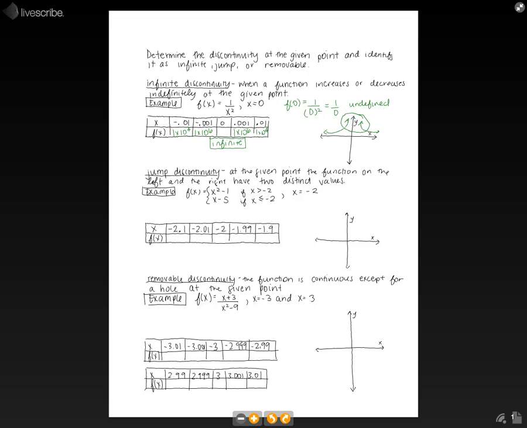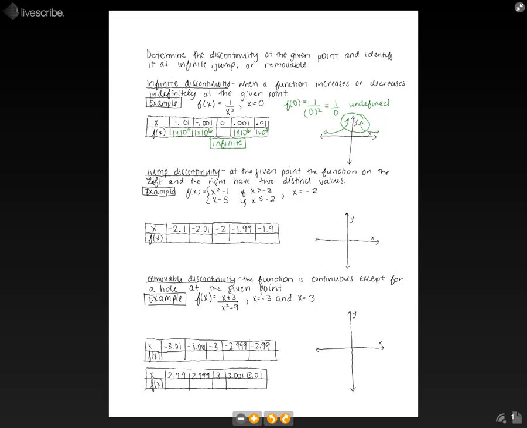A jump discontinuity occurs at the given point for the function when on the left and the right sides there are two distinct values. For example, if we have f of x equals x squared minus 1 if x is greater than negative 2, and x minus 5 if x is less than or equal to negative 2, and we're evaluating at the given point x equals negative 2.